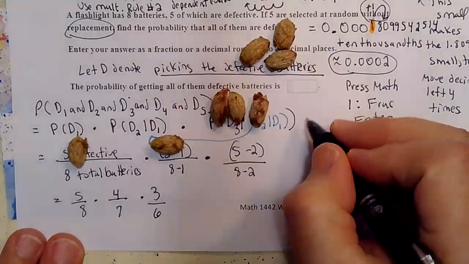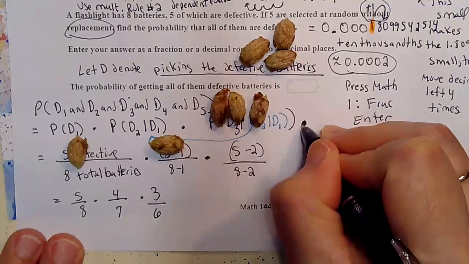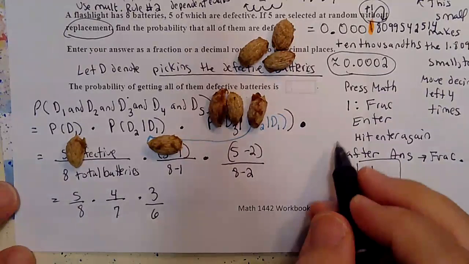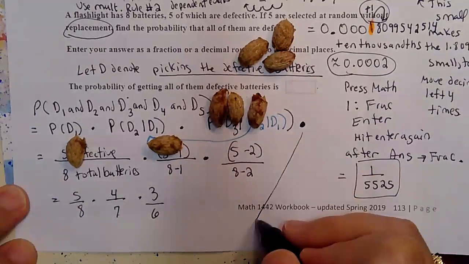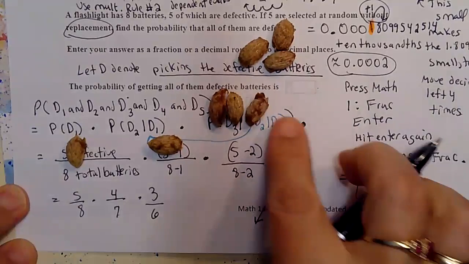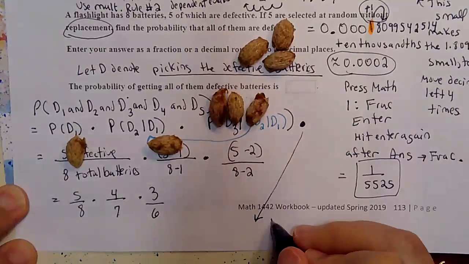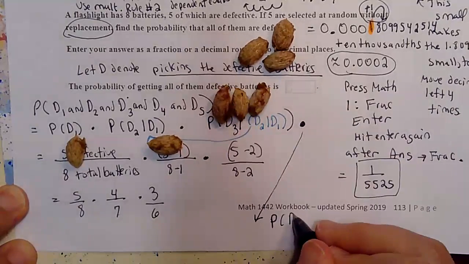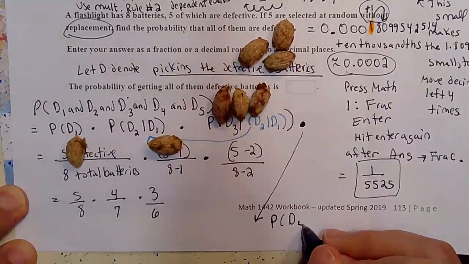So now I gotta keep going. I'm running out of space here. Okay, I guess I'll put it down here. Sorry. So now I'll put it right here. Probability of D sub 4.